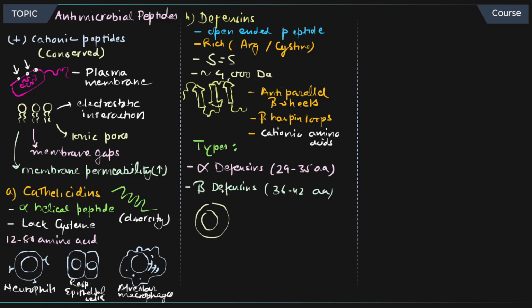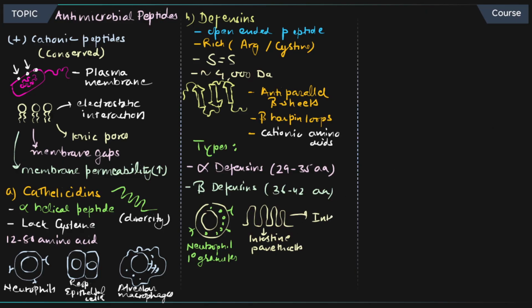If we talk about the cells, again, our neutrophils, and specifically the granules inside the neutrophils, contain this peptide. These are the primary granules, shown in green, showing the production of these peptides. In the intestine, you have specific cells, Paneth cells, that can also produce this.